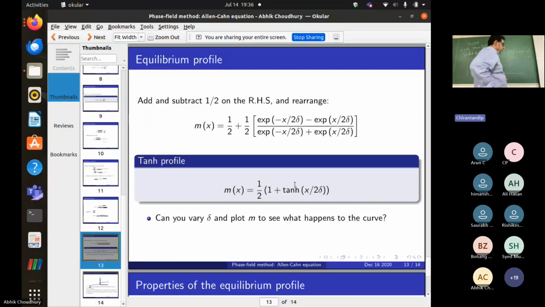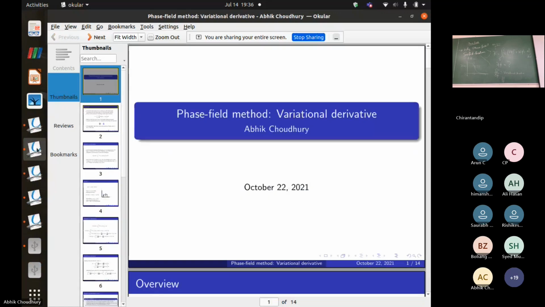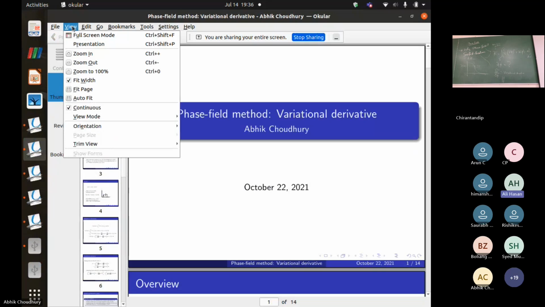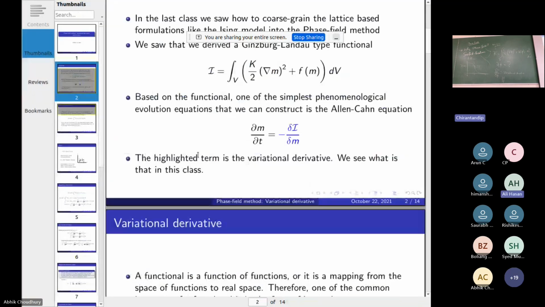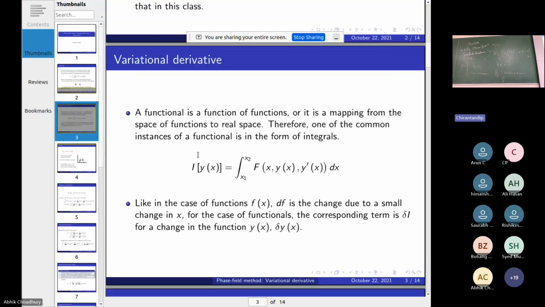So here, let's resort to some notes to avoid these writings. Okay, so let's formally introduce this.